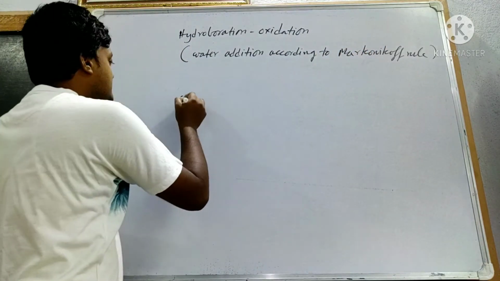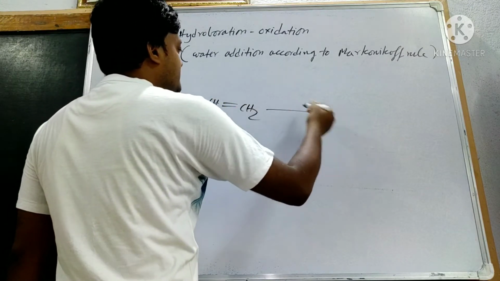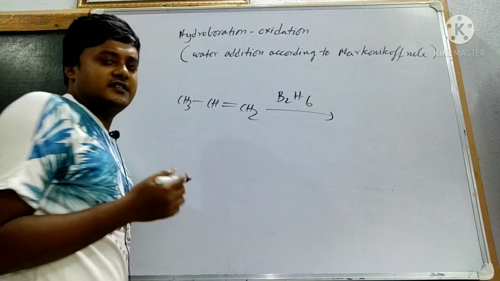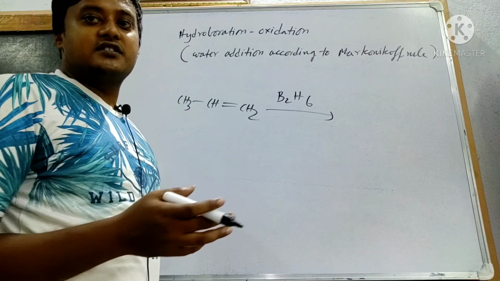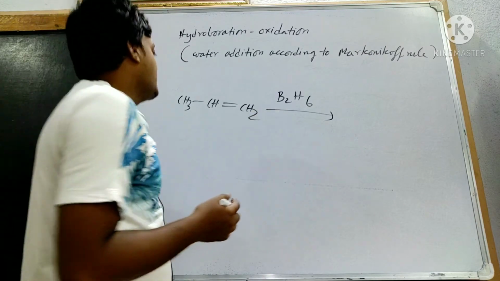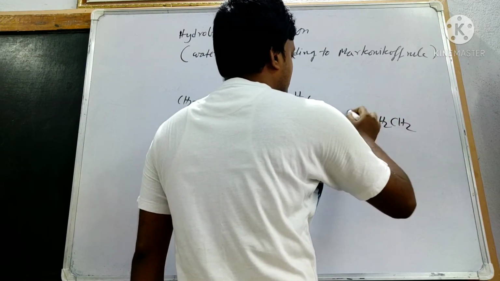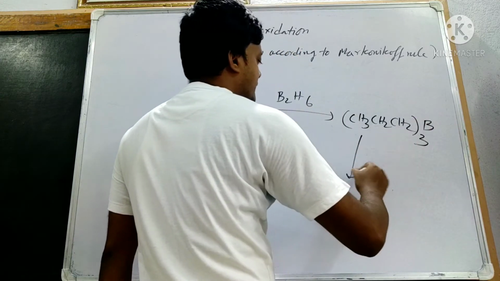Now here in first step, B2H6, diborane. Actually BH3 is the reactive part, but BH3 is unstable and cannot exist by itself, so we have to take B2H6, diborane, and you will get tripropyl borate.